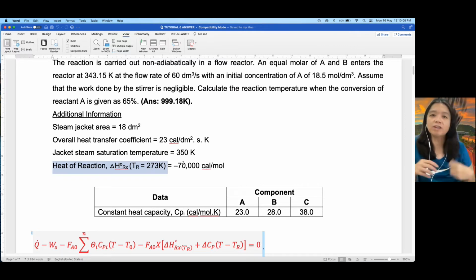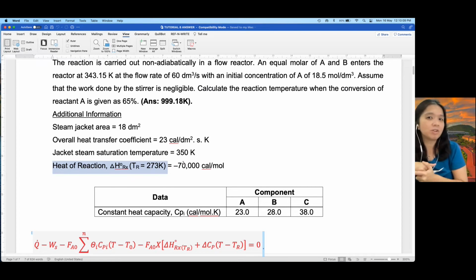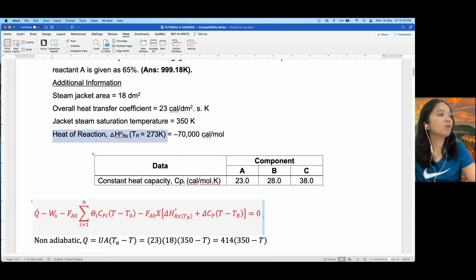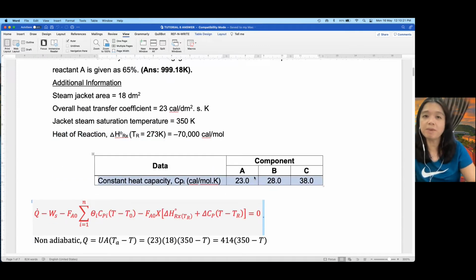Meaning the heat of the reaction at the reference temperature 273, your TR is 273 and your heat of reaction is negative 70,000. And then next one, they give you constant heat capacity, CP. So you have CPA, CPB, and CPC. Each compound has its own heat capacity at constant pressure, CP. The values are as given subsequently.